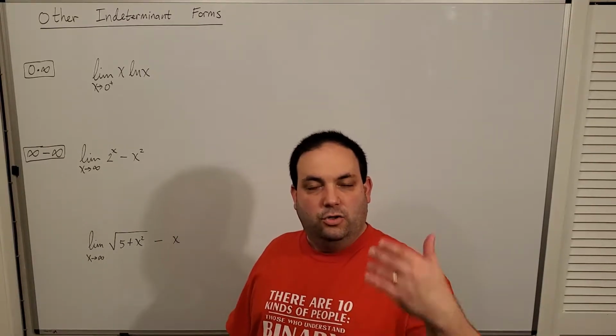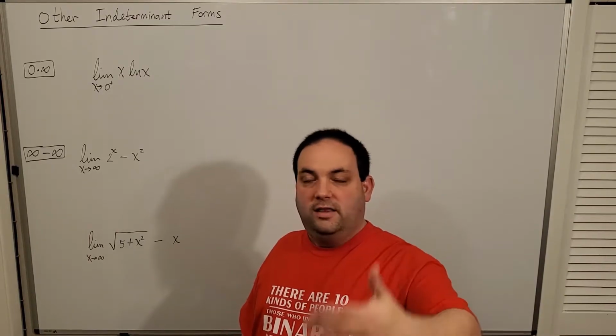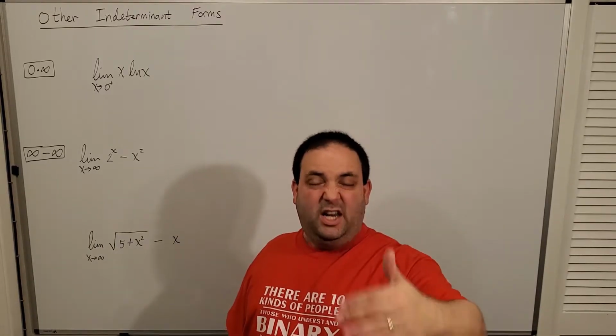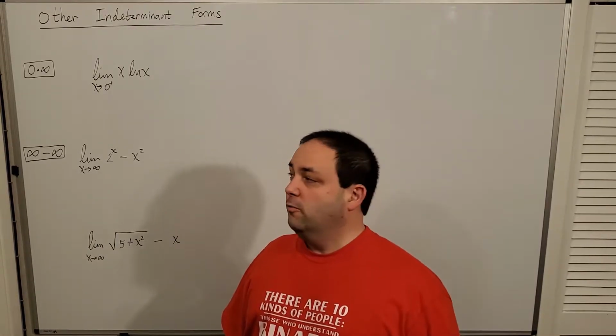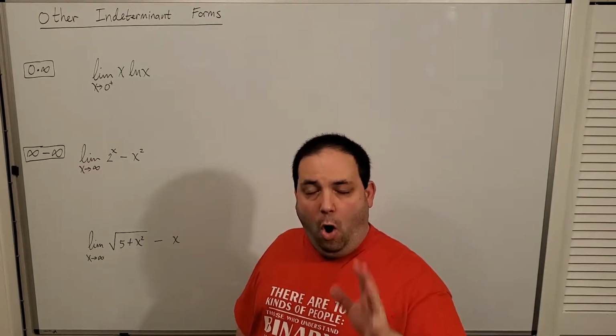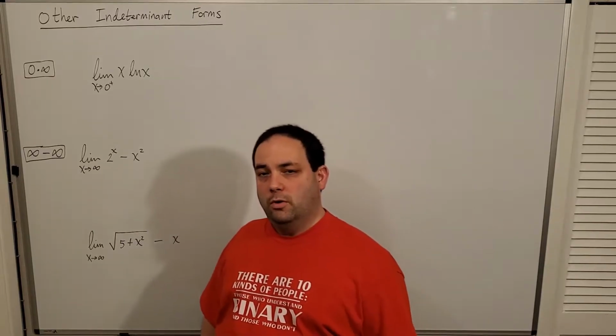In the last scene, I showed you a couple of them that right away you know they wouldn't work, right? If you didn't get the infinity over infinity, if you didn't get the 0 over 0, if you got infinity over 0, that's not going to work with it, right? But there are a few other indeterminate forms that are ones that will work with L'Hopital's rule, and you need to know what those are.